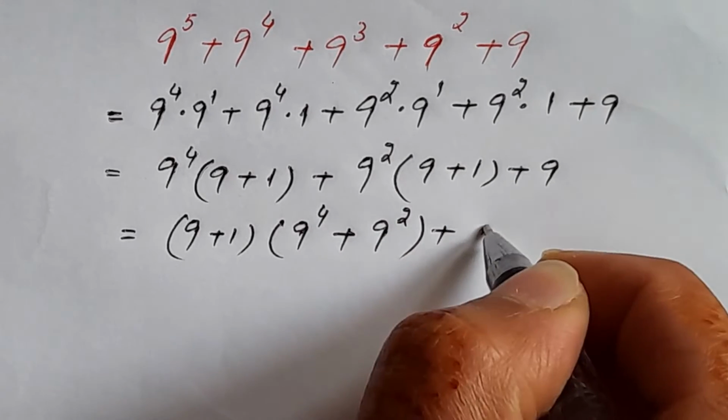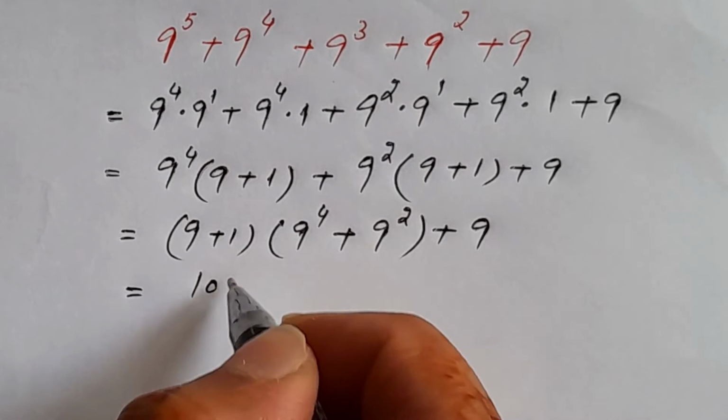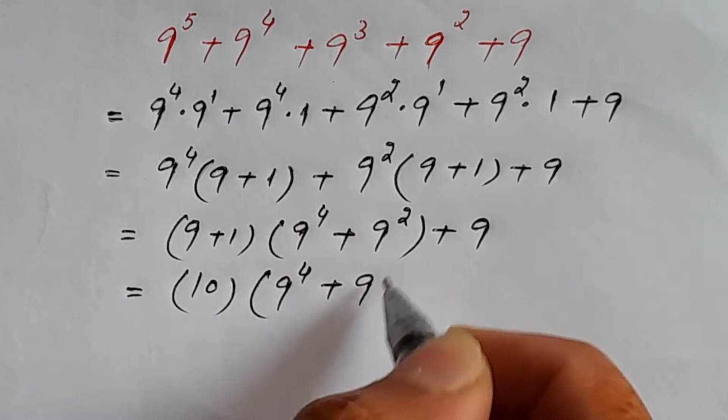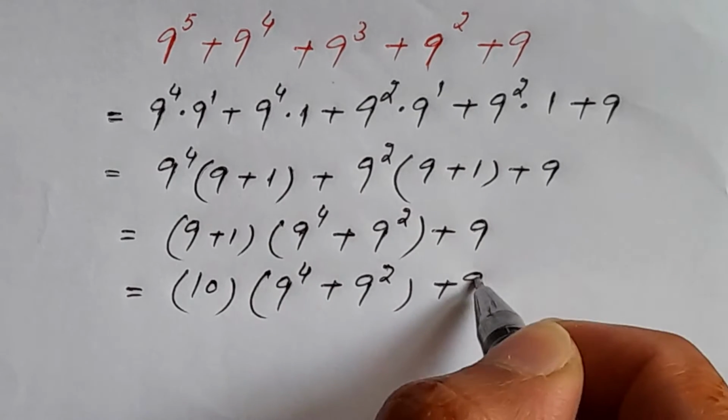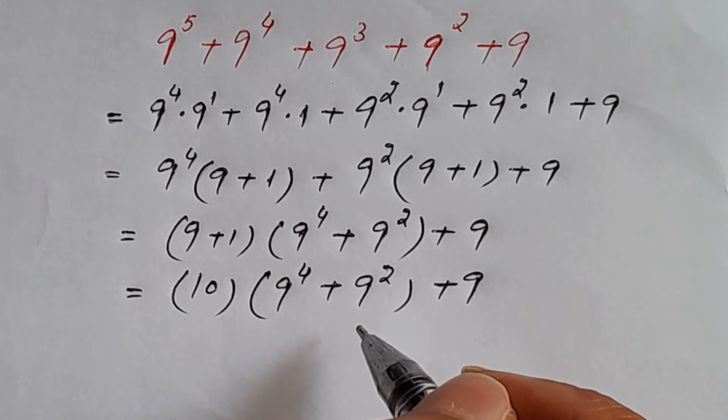Bracket close, plus 9. 9 plus 1 is 10, times 9 to the power 4 plus 9 to the power 2 plus 9.